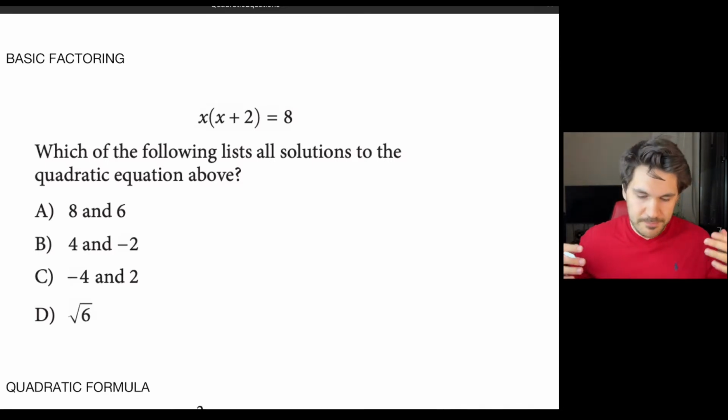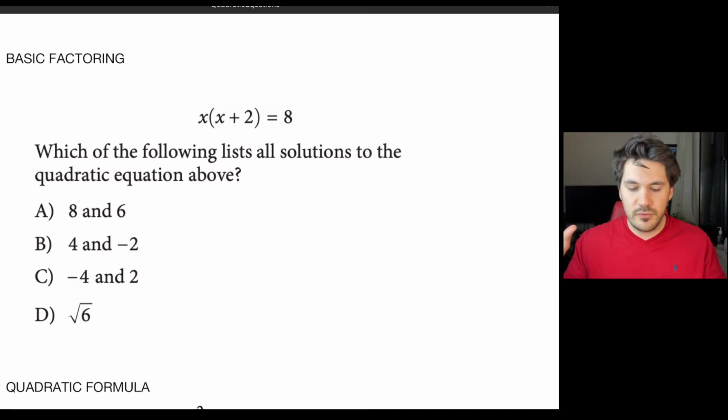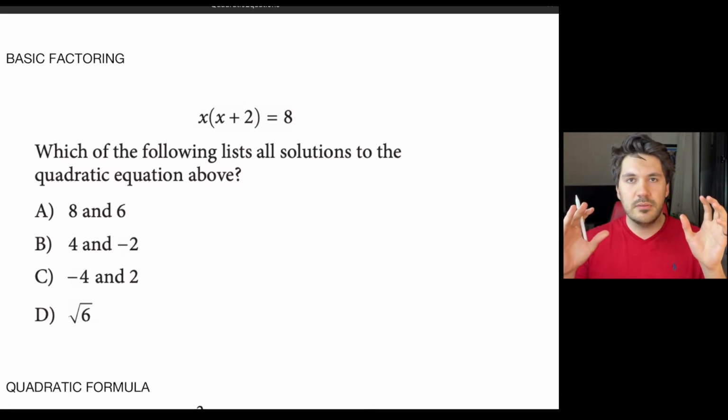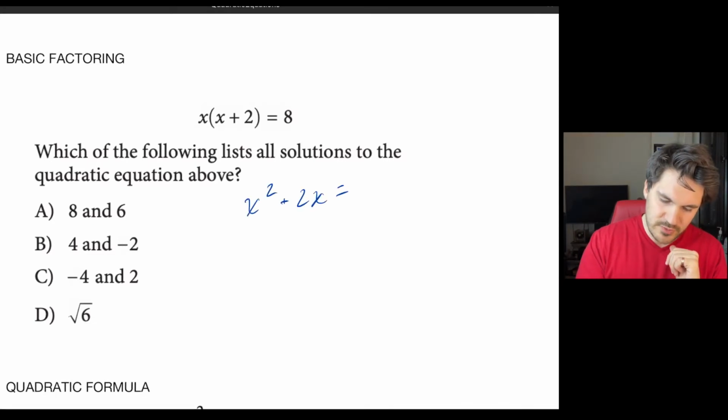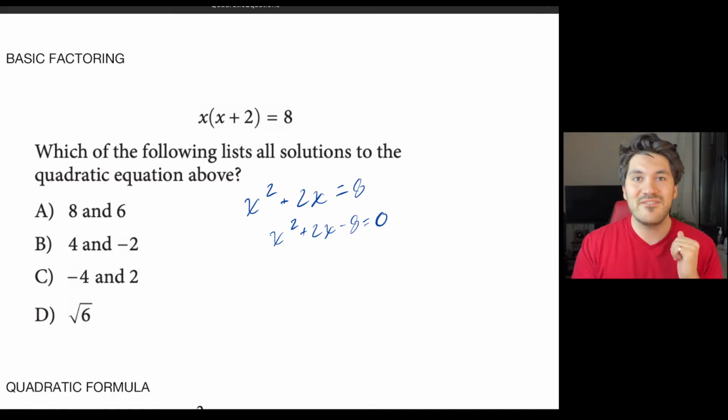First we're going to distribute it out so we can actually get it into the full standard quadratic form. So we're going to get x squared plus 2x equals 8. So x squared plus 2x minus 8 equals 0. Now we're just going to factor it.